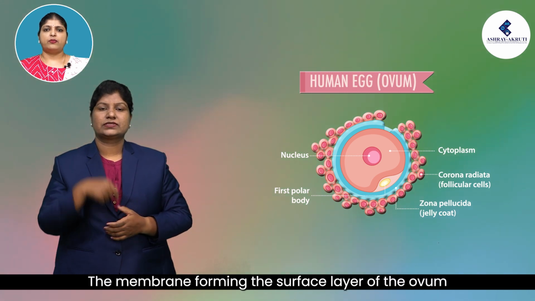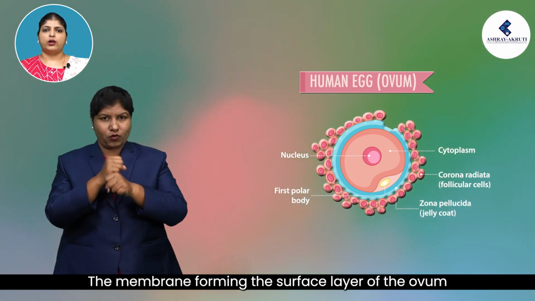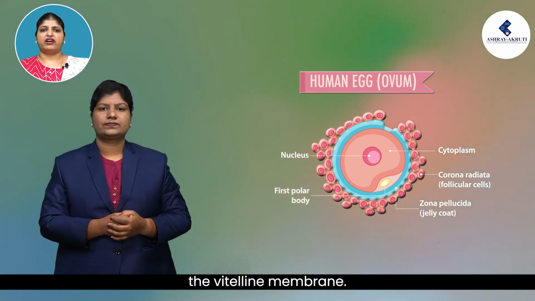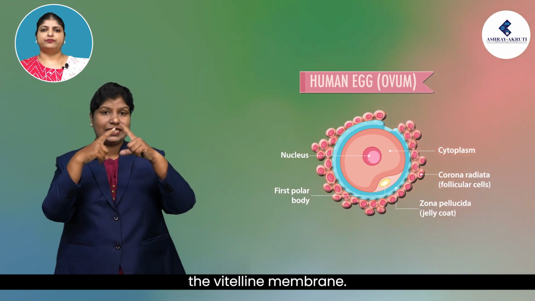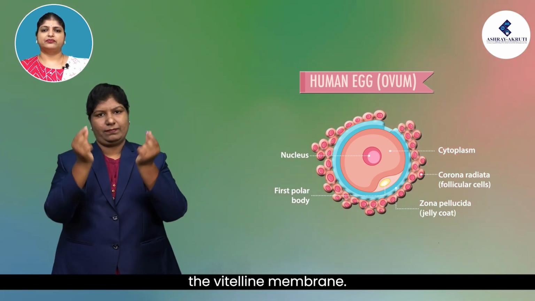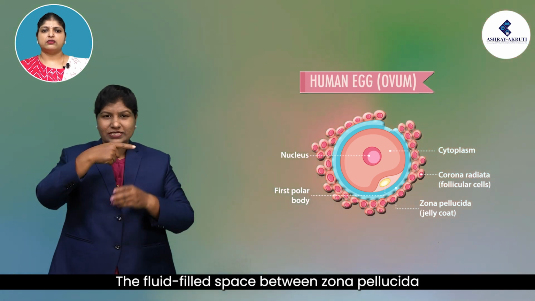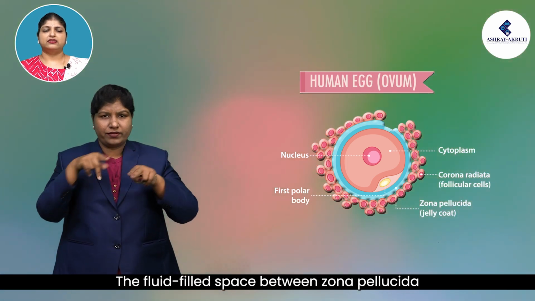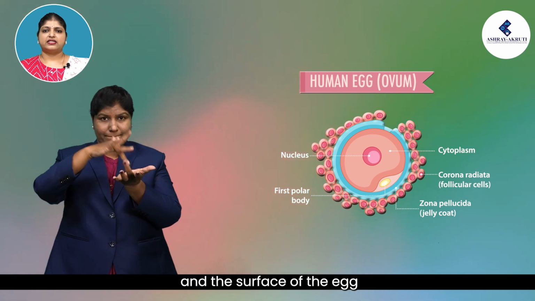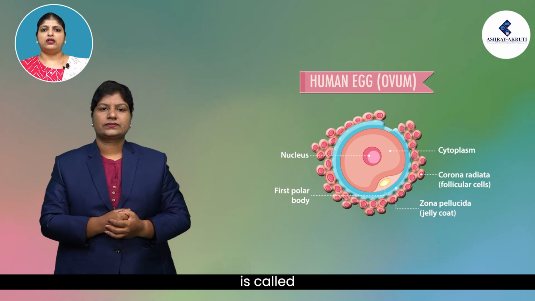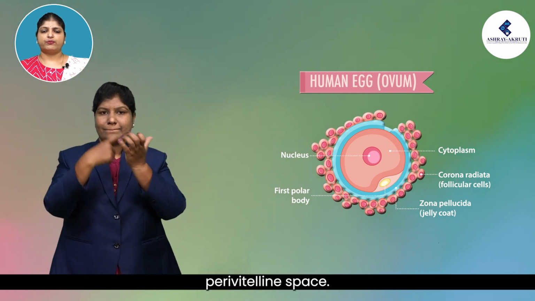The membrane forming the surface layer of the ovum is called the vitelline membrane. The fluid-filled space between zona pellucida and the surface of the egg is called perivitelline space.